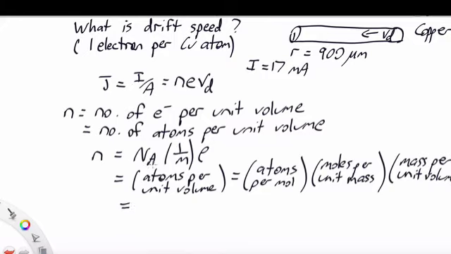So that gives us Avogadro's number times 1 over capital M, the molar mass, times rho.